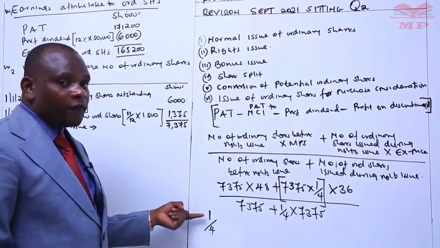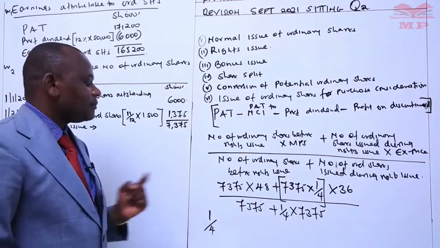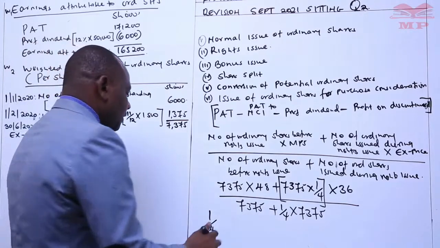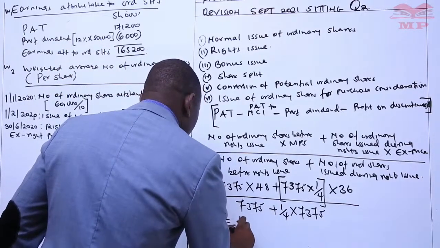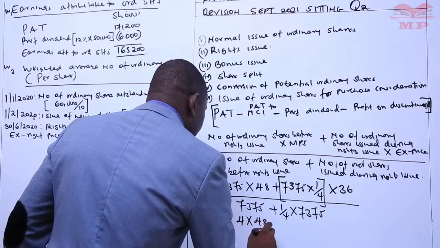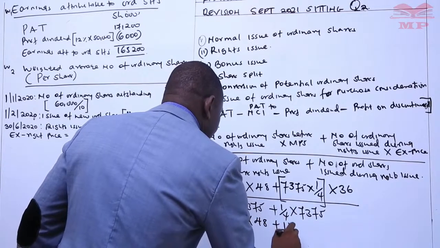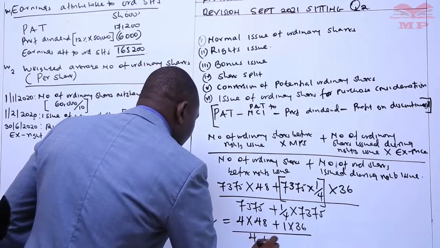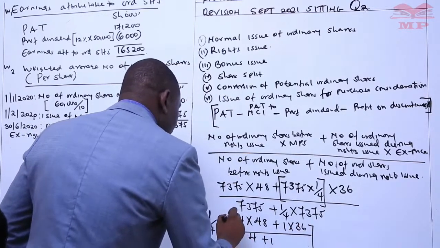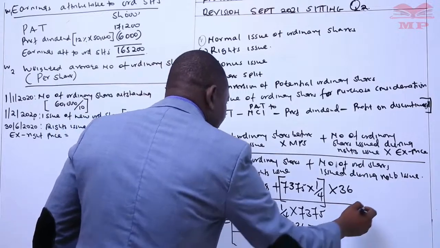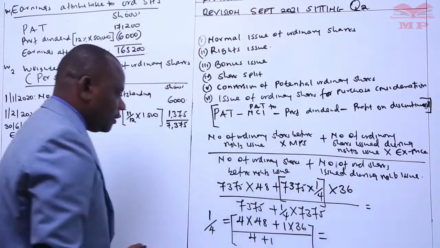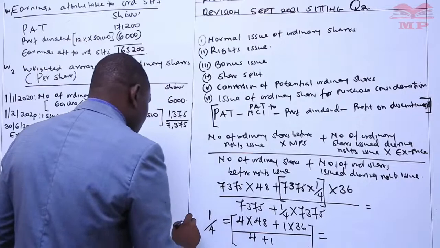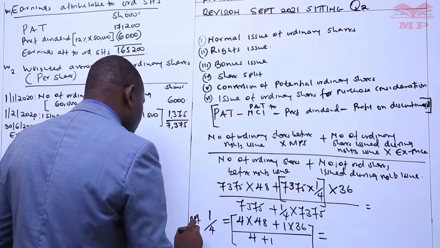Then the shares offered during rights issue is 1. So this can also be given by 4 times 48 plus 1 times 36 over 4 plus 1. The two should give you similar answers. So this is option 2.